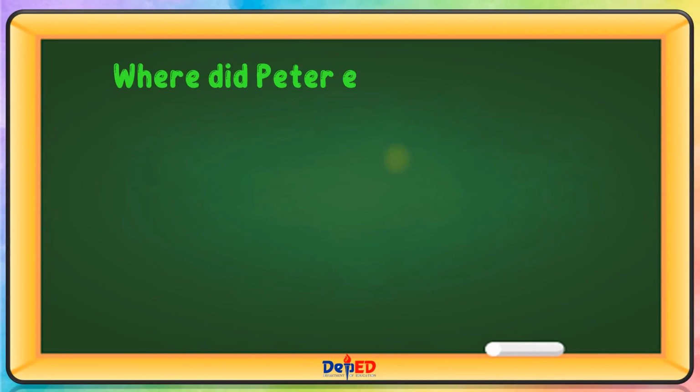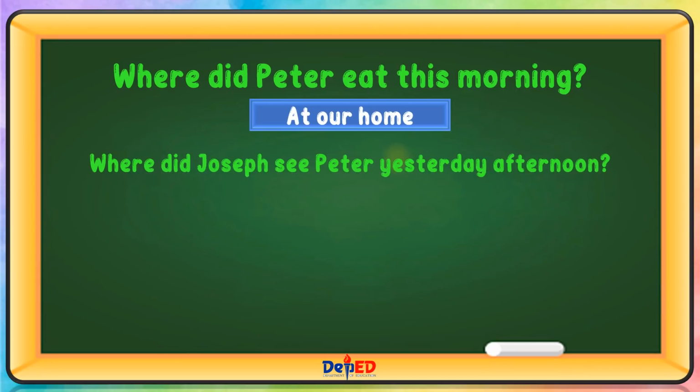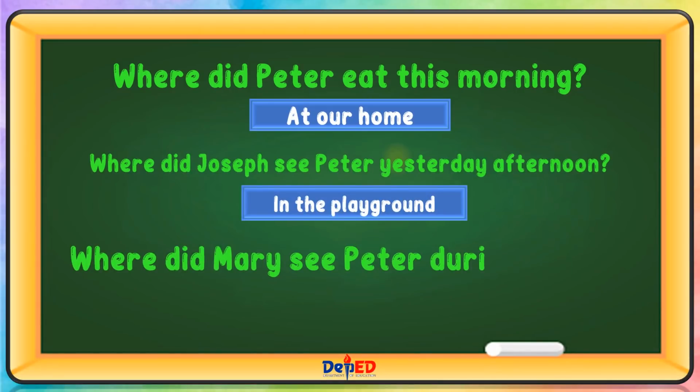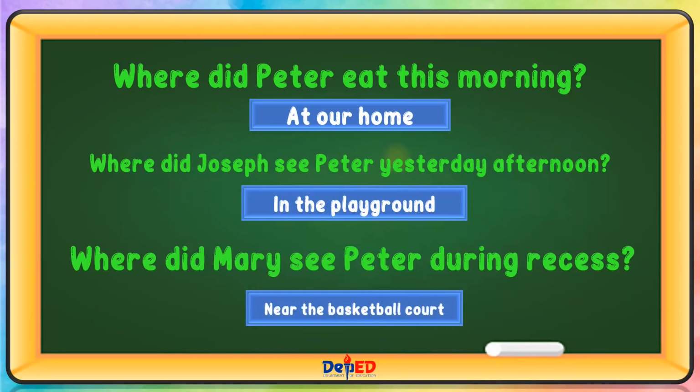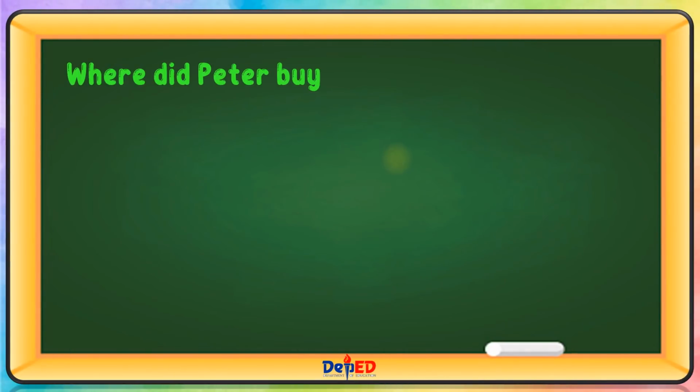Where did Peter eat this morning? At our home. Where did Joseph see Peter yesterday afternoon? In the playground. Where did Mary see Peter during recess? Near the basketball court. Where did Peter buy the bread this morning?